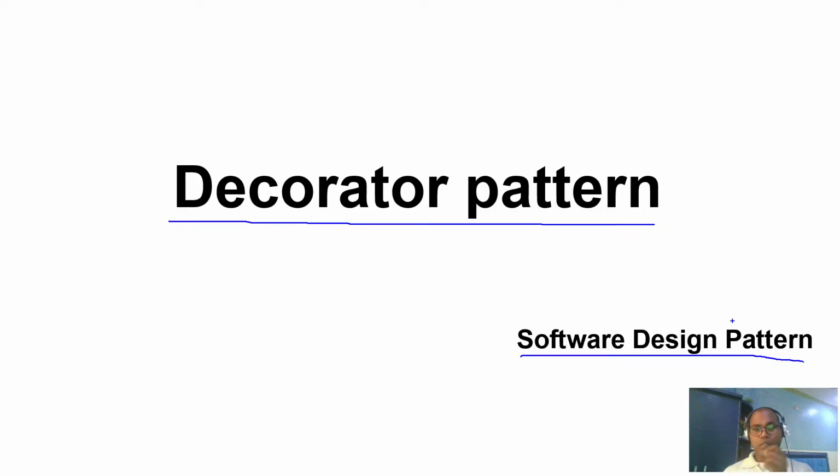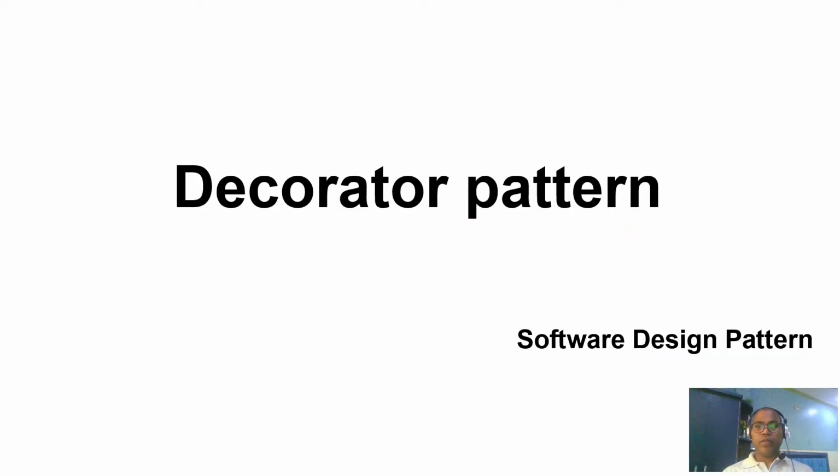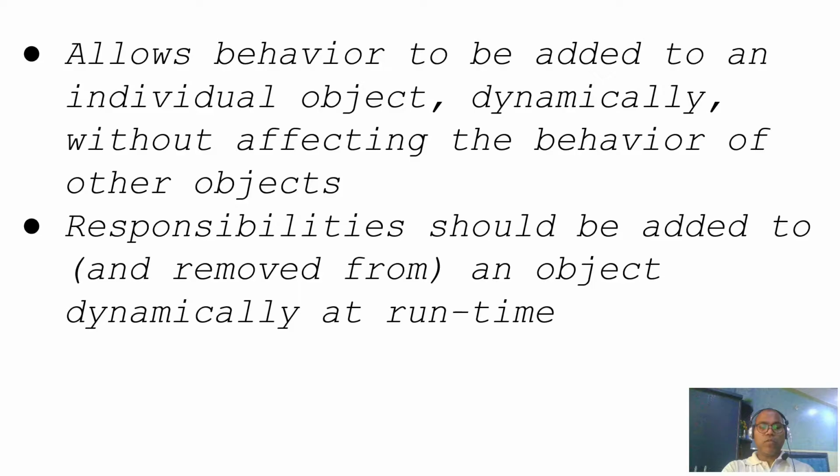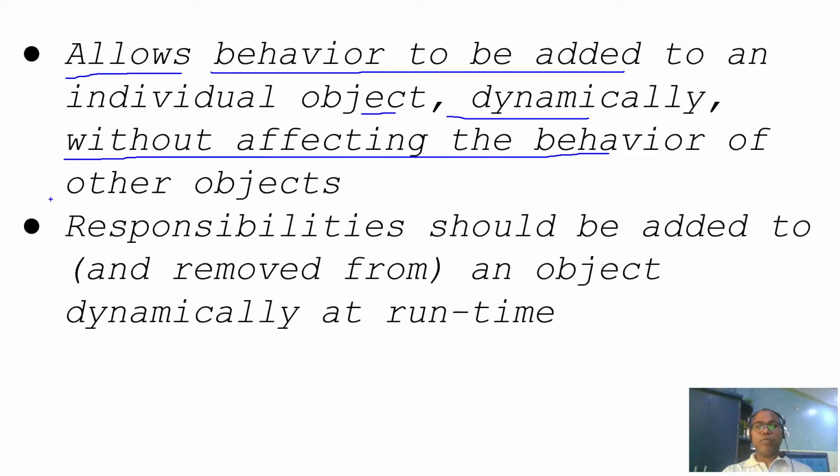Let's discuss the theory, and also how we can implement it. The theory is very simple. It allows behavior to be added to an object dynamically without affecting the behavior of other objects.